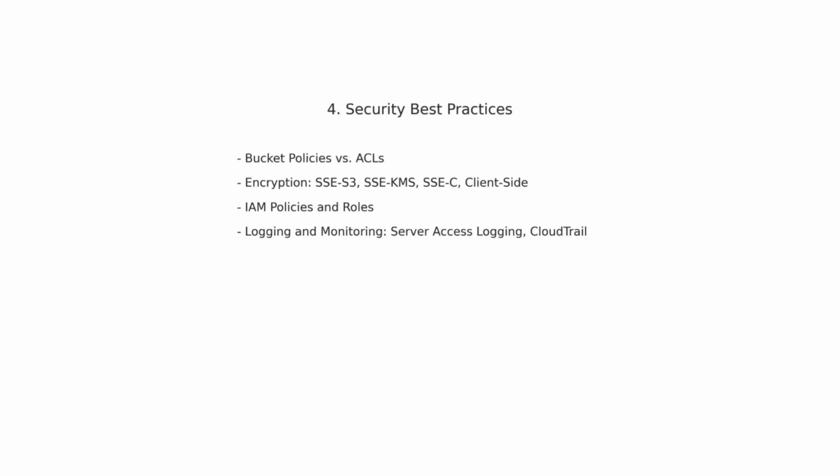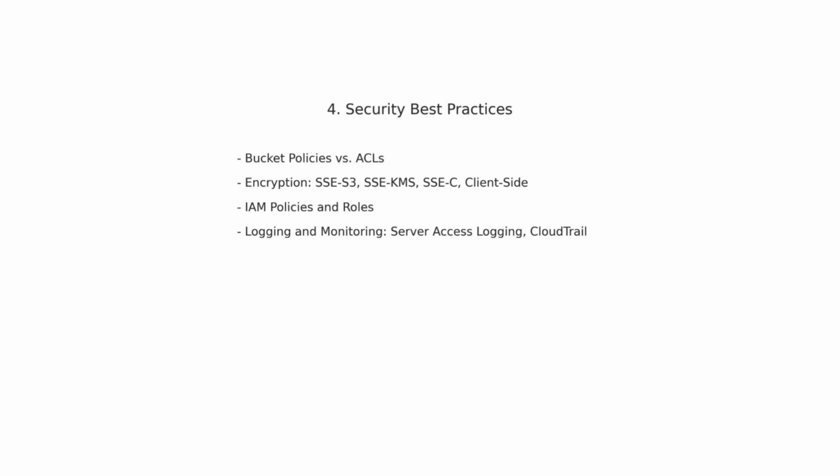And next up, security, which is a top priority when working with Amazon S3. So let's go over some best practices. You should start with bucket policies and access control lists, or ACLs. These tools can help you manage who can access your data and what they can do with it.